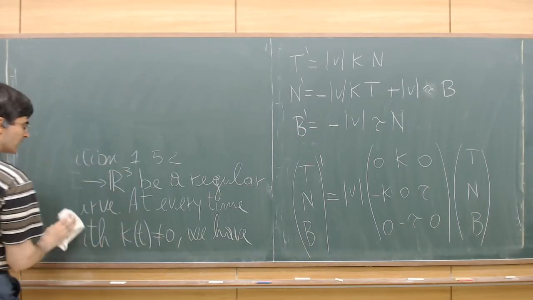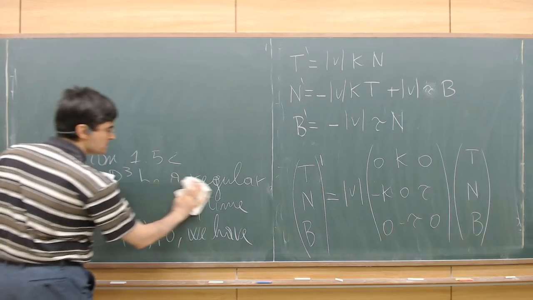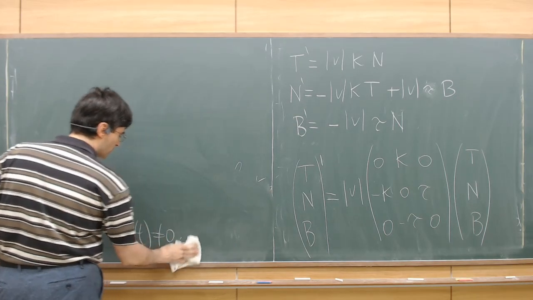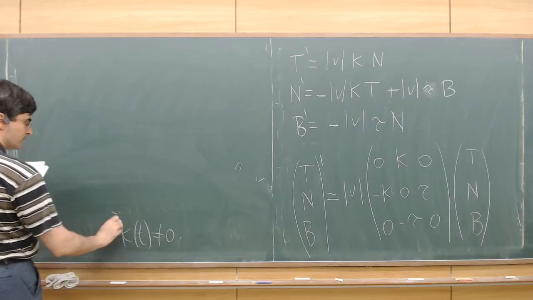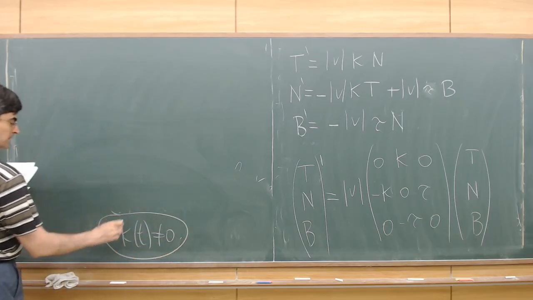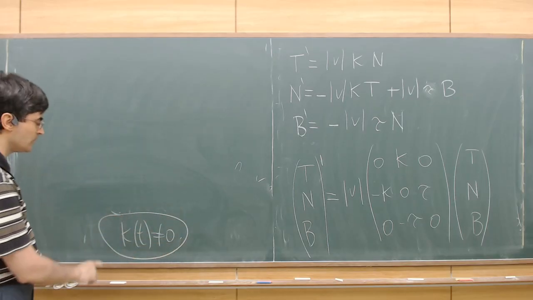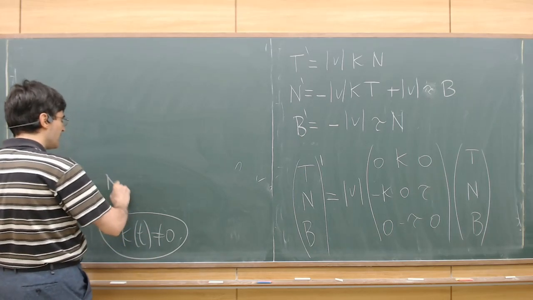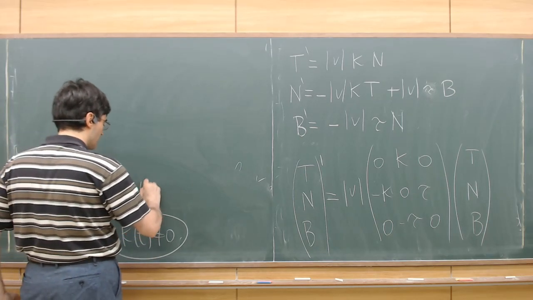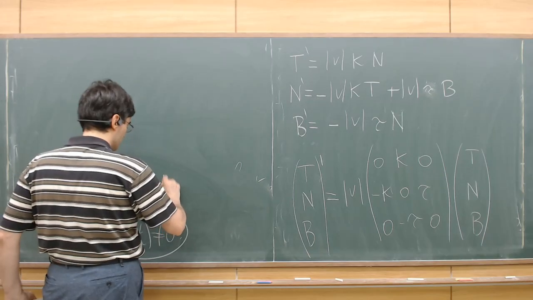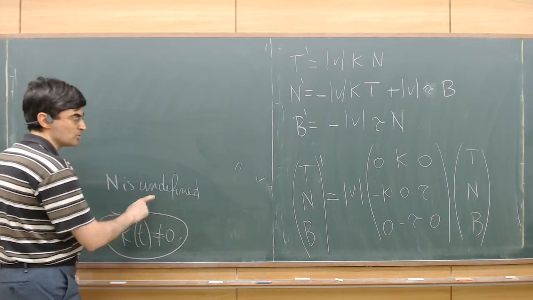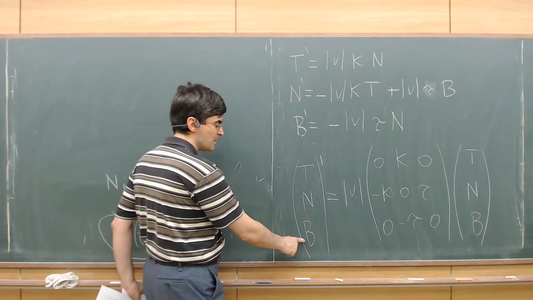The reason why you need this hypothesis here is that if you have k of t0 = 0, then n is not defined. And if n is not defined, b is not defined.